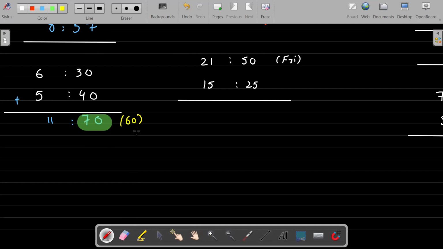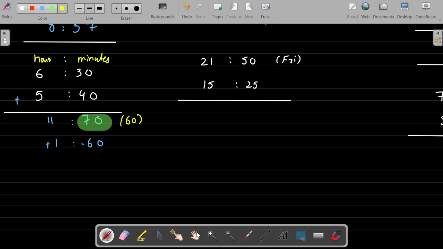When they cannot exceed 60, we have to do something. According to the rule, I will subtract 60 from the minutes, and I will add 1 in the hour section.